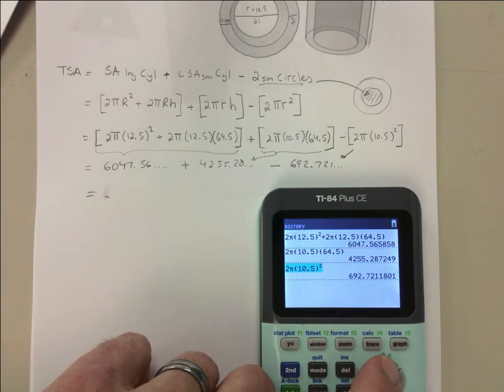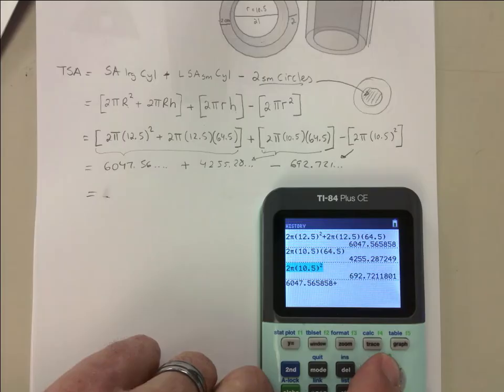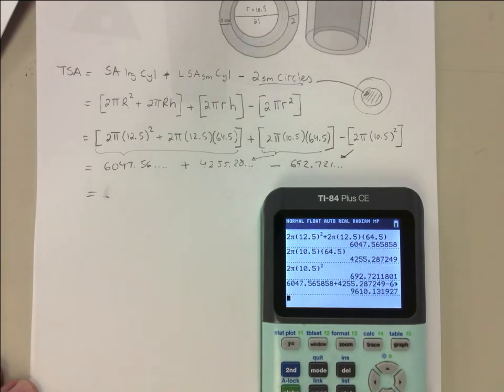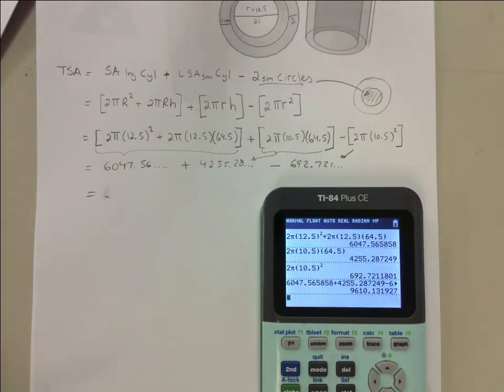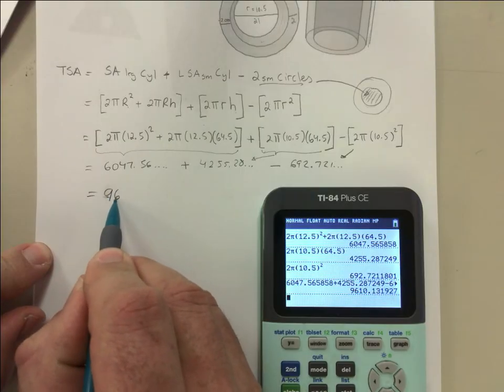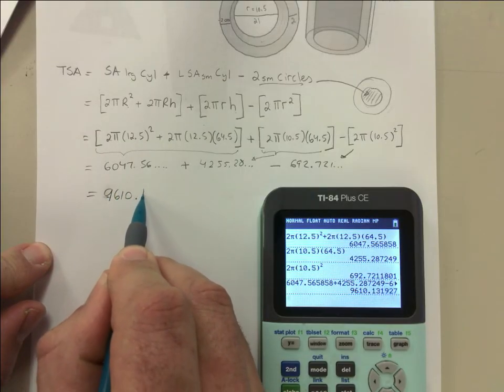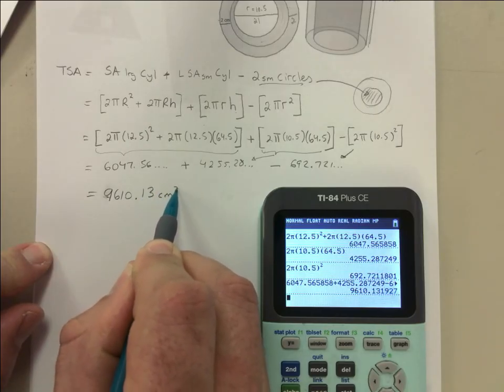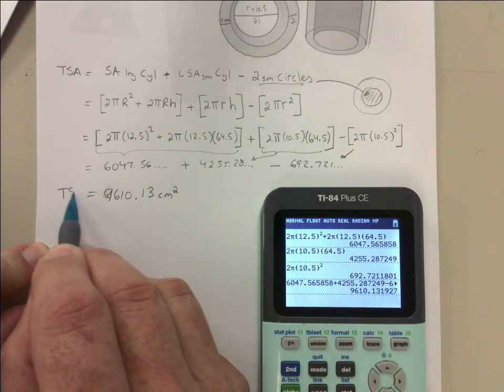Okay, let's see if this works out. So copy paste, so that plus that minus, yes, got the same answer as my key. It's always a good feeling. And we are in centimeters squared. That's the total surface area.